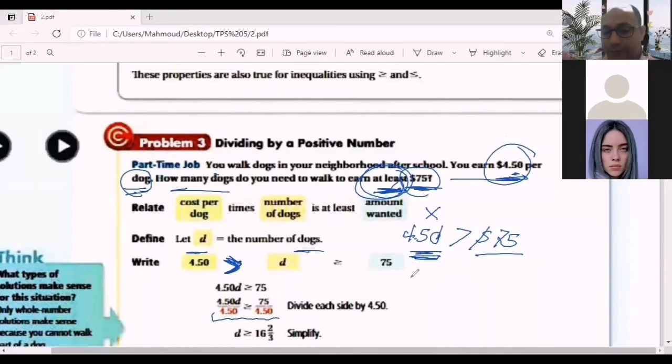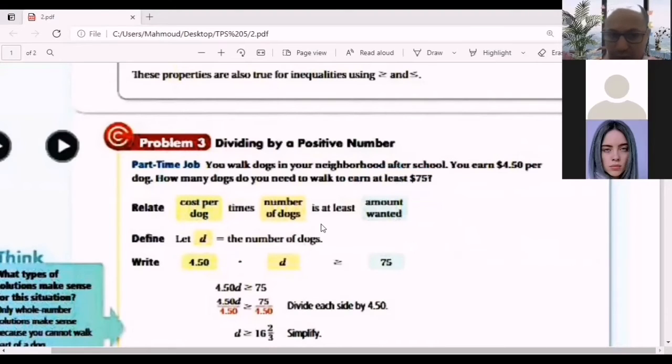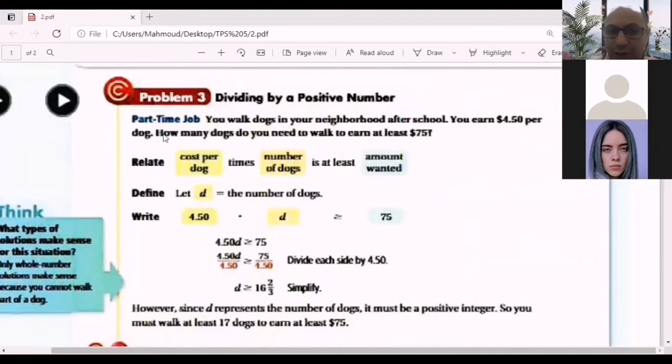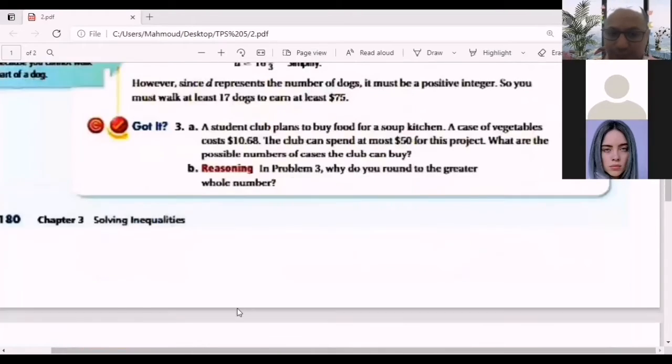By 4.50. Excellent. So the answer will be 16.6, okay? So the number of dogs when we earn at least $75 will be 16 and 2/3.